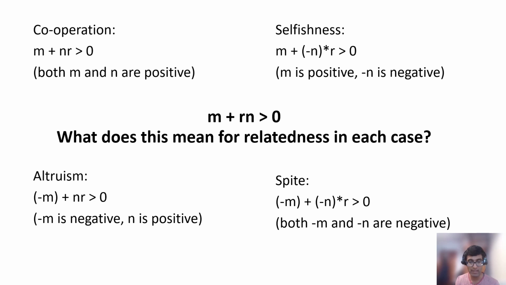So if you're negatively related to an individual, let's call him Fred, then you might be spiteful towards Fred, harming yourself, but actually by being spiteful and harming Fred as well, you're helping Fred's competitors to do better, and Fred's competitors are much more closely related to you than you are to Fred, because you're negatively related to Fred.